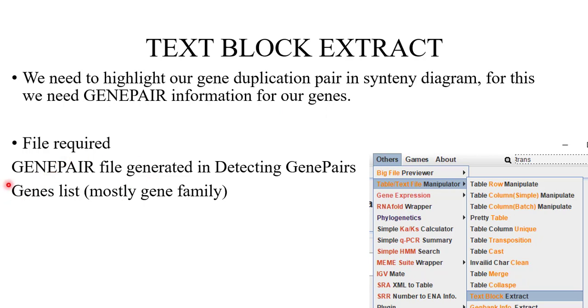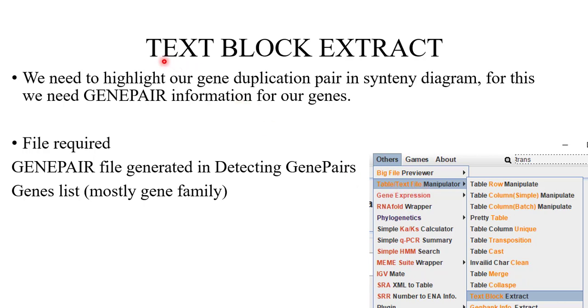The files required are the gene pair file, which is generated in the detecting gene pair step, and the gene list. This gene list is our list of genes of interest we want to visualize on our Synteny plot. So here is how you can do this.